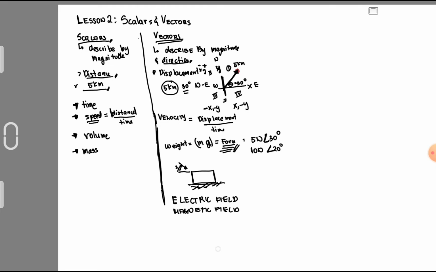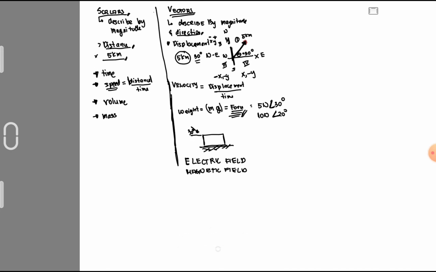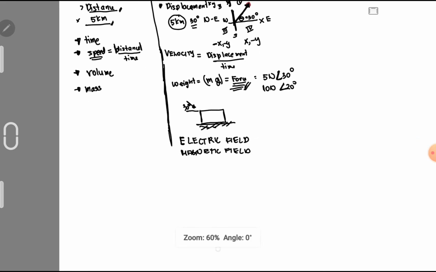But for vector quantities, since directions are needed, we would use two basic ways of adding vectors: the graphical method and the component method.